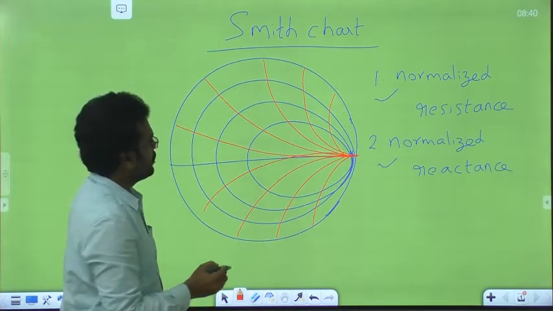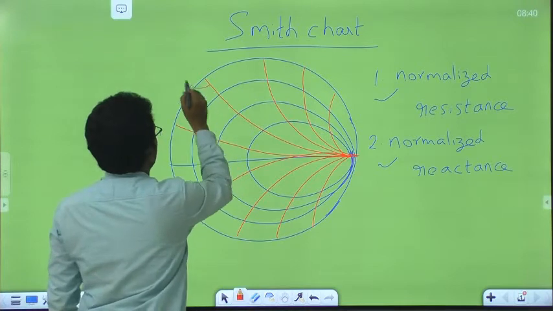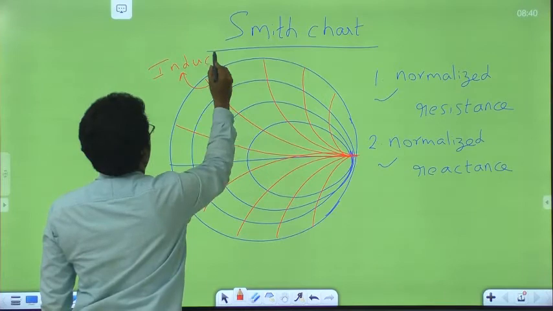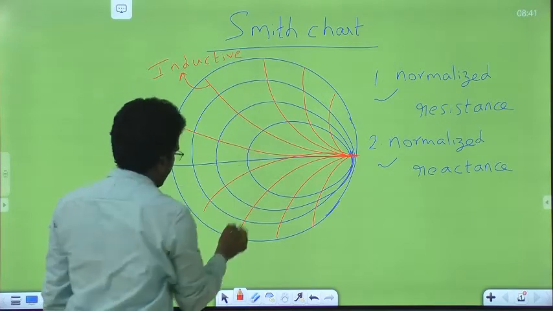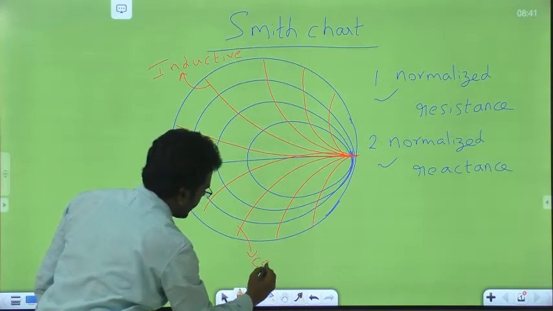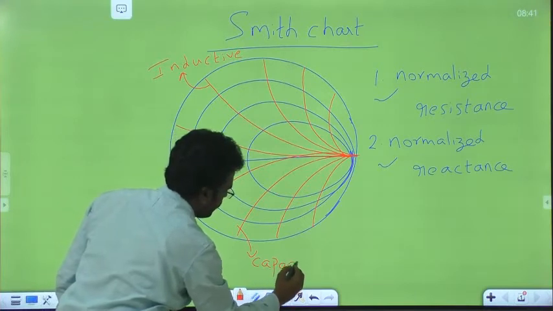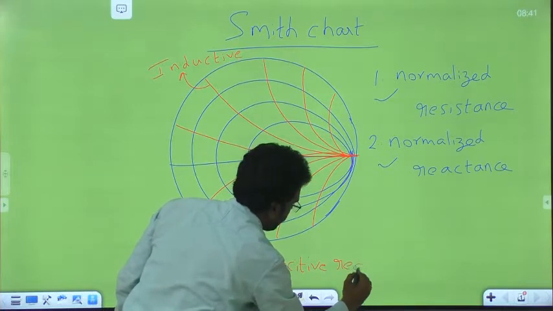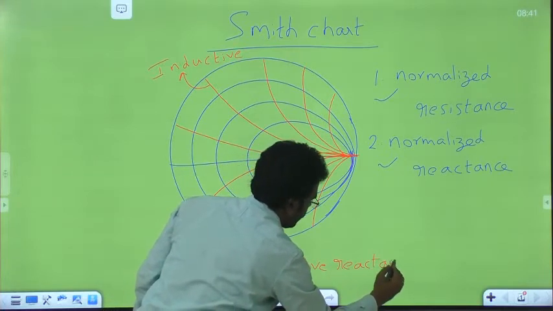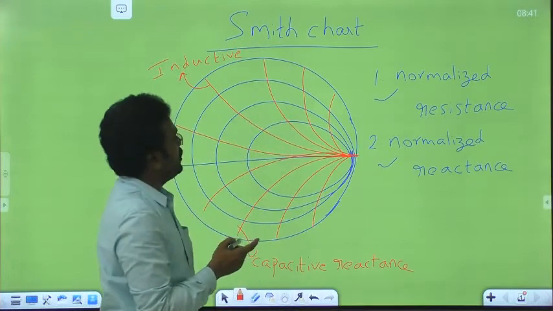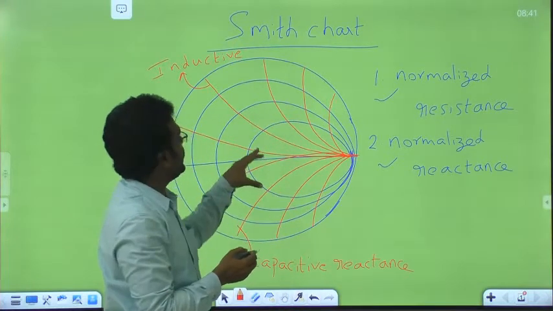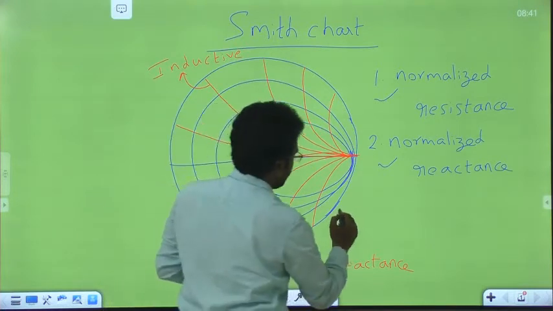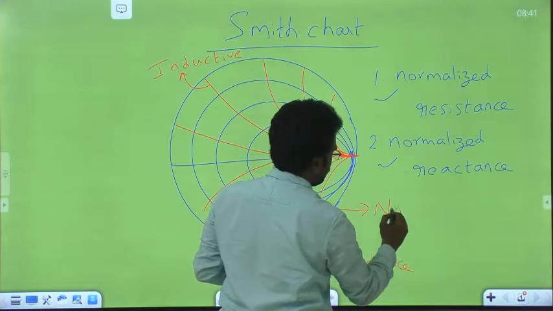Okay, this is the Smith chart. This side is for inductive reactance, it indicates inductive reactance, and this indicates capacitive reactance. Since we are drawing the circles using the normalized resistance and reactance, this Smith chart is also called the normalized Smith chart.